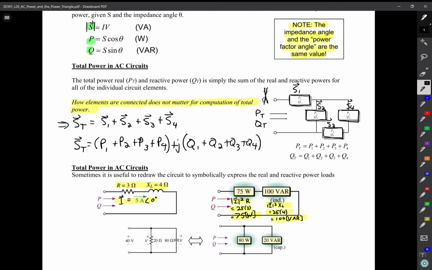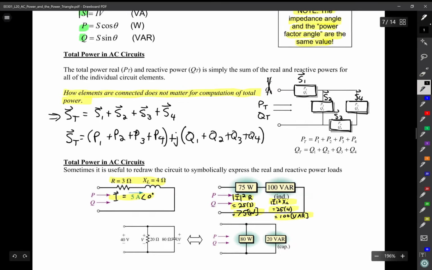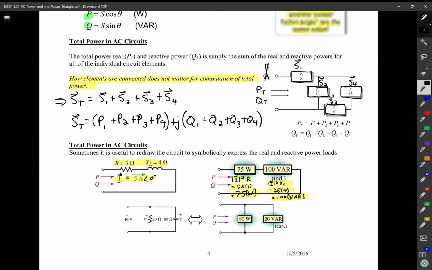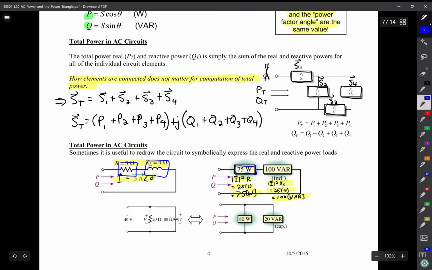Okay, another thing to look at for a simple circuit like this: sometimes we'll show a circuit where what we mean is a resistive component, an inductive component, but sometimes we'll just write in what the power is in each one of those blocks. I look at the units and I see 75 watts, so that's real power.